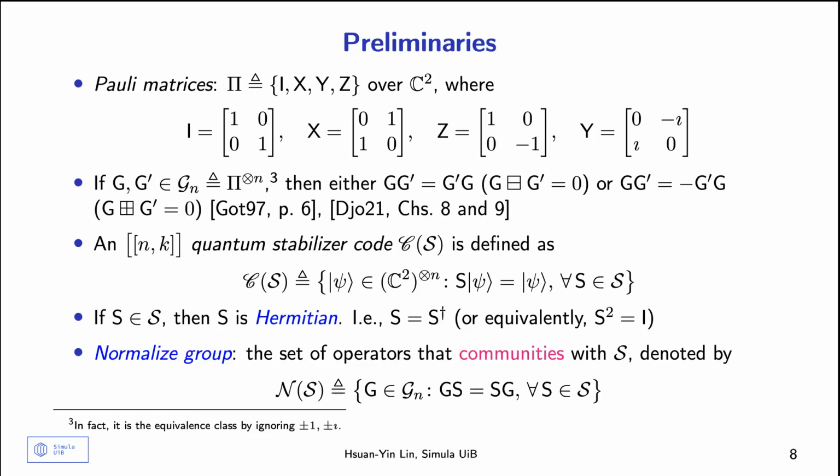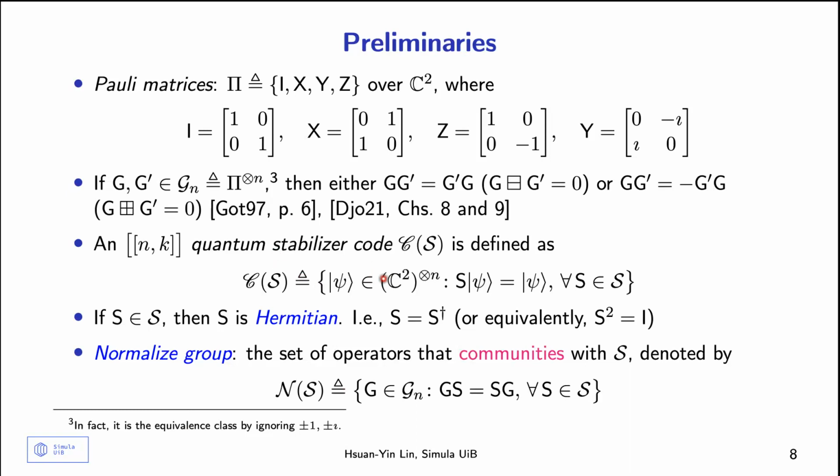So now we can go to the main topic we have today: the quantum stabilizer code. It's defined like this. You want to find a code, a vector basis in the complex world.